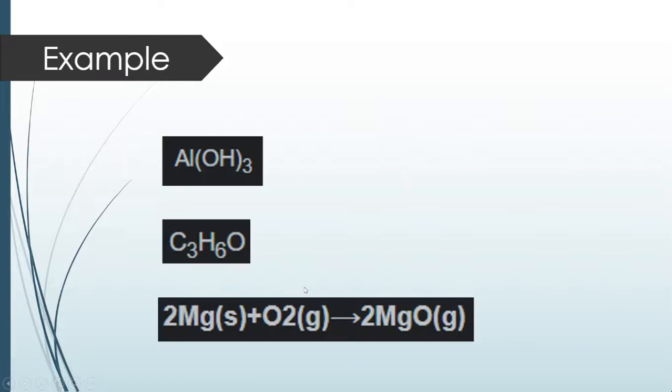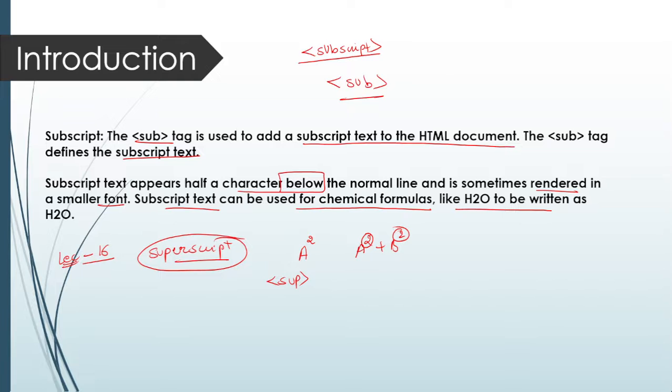In a similar way, we always use the subscript tag, but the difference here is that if you want to add this particular character below the normal line, that means you need to add the subscript tag in this case. Okay.